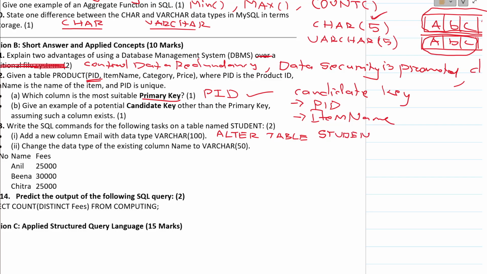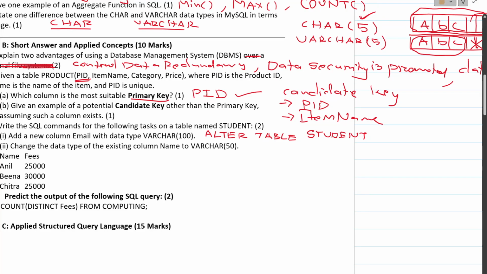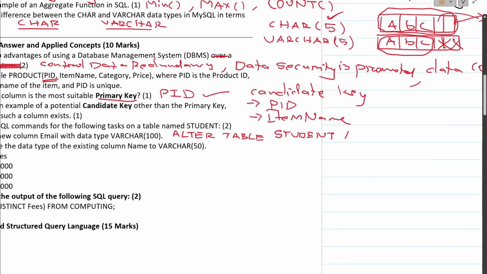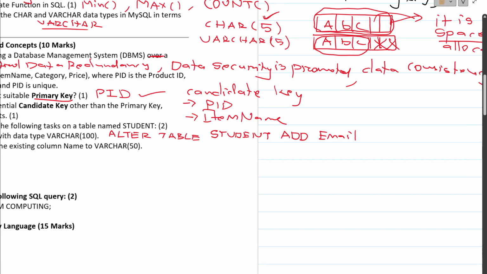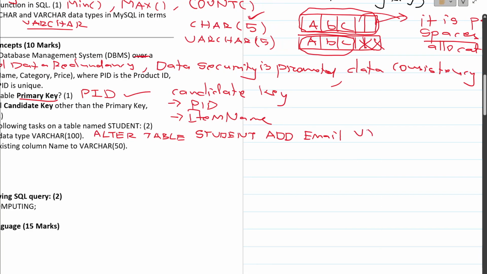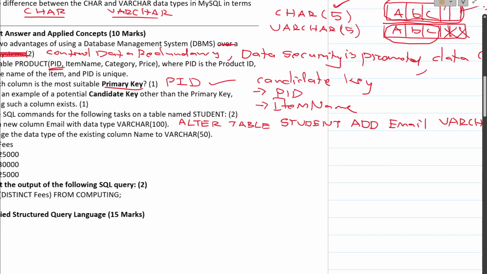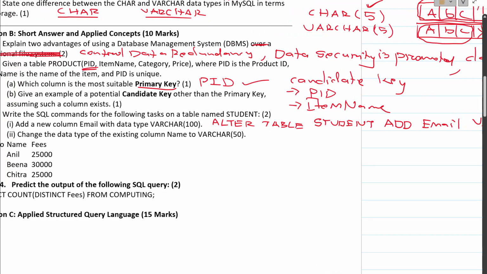And what does it say? Add a new column email to it. So simply I will be writing add email, and it has given me the memory space, that is varchar 100. That's all.